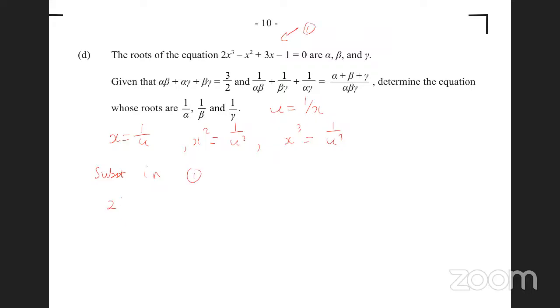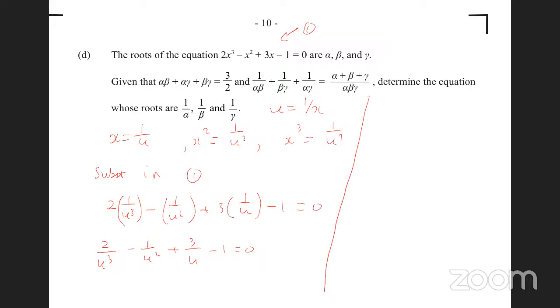So I'll get 2 by 1 on u cubed minus 1 on u squared plus 3 by 1 on u minus 1 is 0. So I'll get 2 on u cubed minus 1 on u squared plus 3 on u minus 1 is 0. Multiply everything by u cubed.